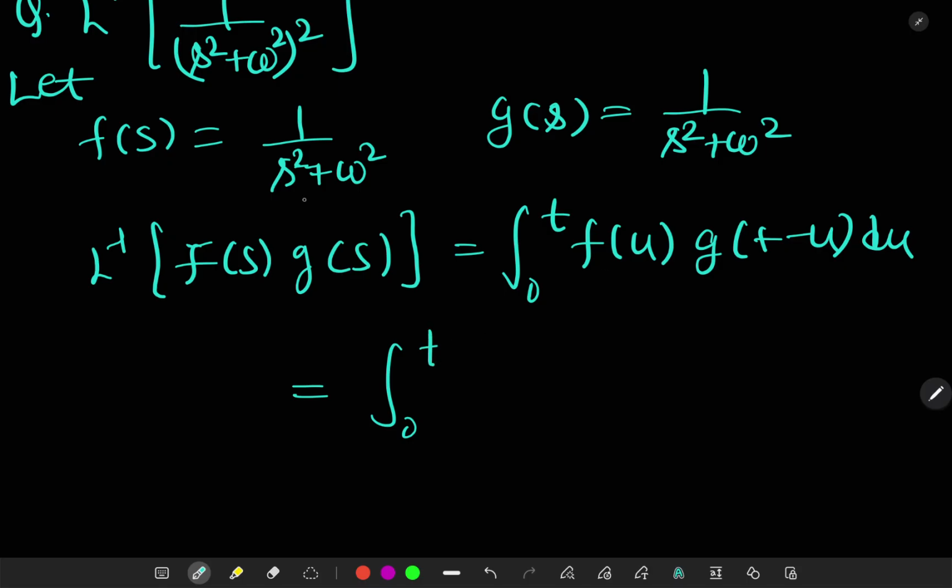Here we put the value of F(s) with u instead of s, so we get 1 by s square plus u square, and in G(s) we put s equal to t minus u.